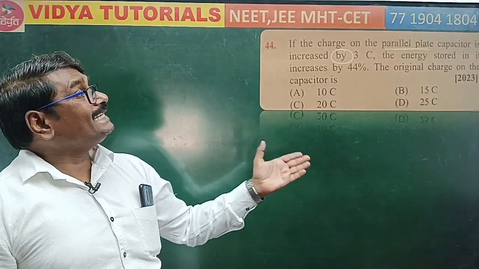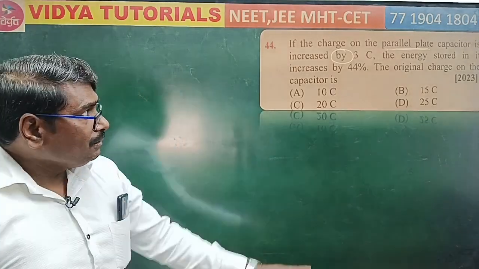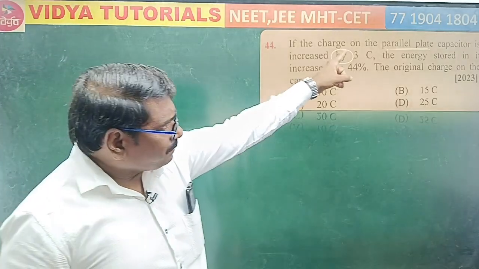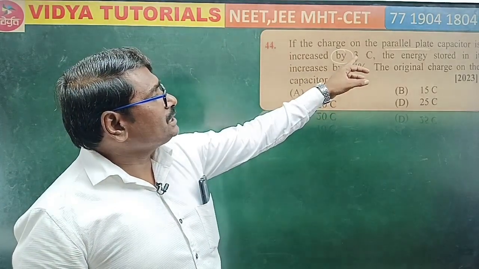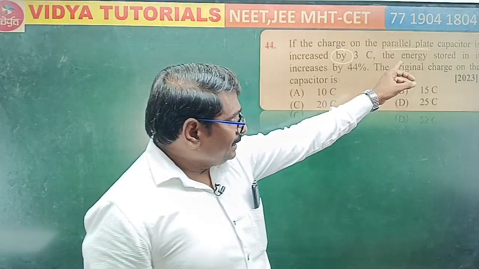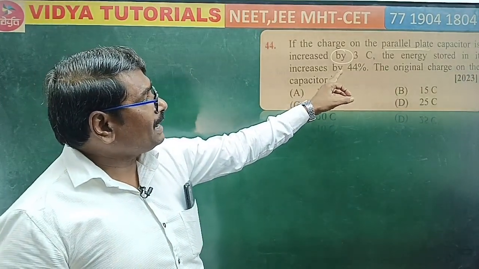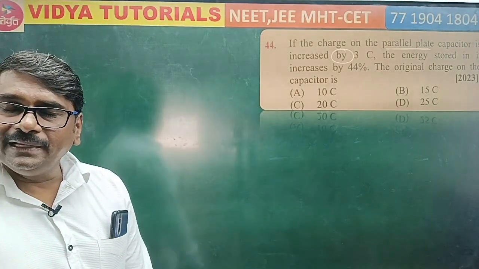Now here, increased by means initial plus something. The charge on the parallel plate capacitor is increased by 3 coulomb. The energy stored is increased by 44%. Original charge on the capacitor will be.